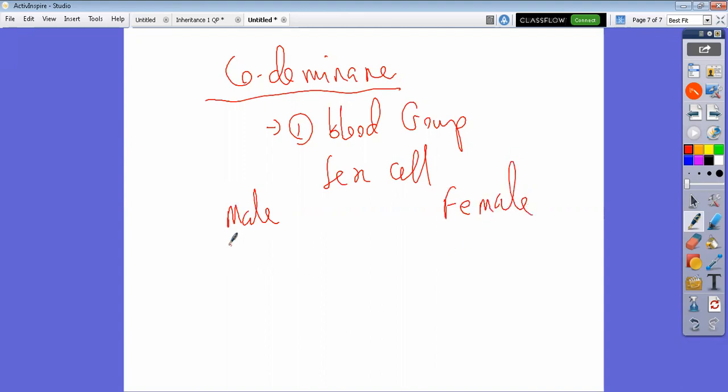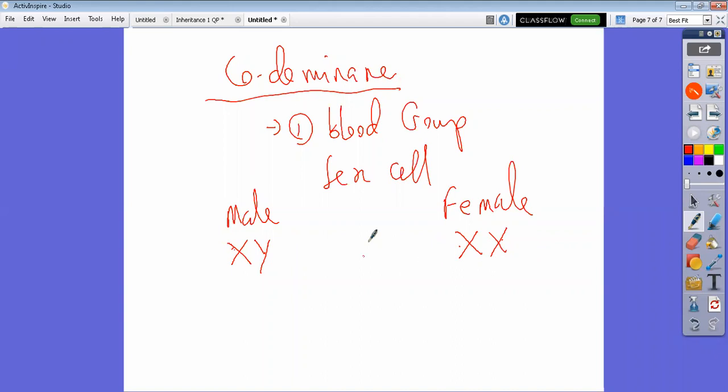A male has got an X and a Y. The reason why they are written in capital letters is because both of them are dominant. There is no recessive one here. Then a female has got X and X, both dominant. So that's what you mean by co-dominance.